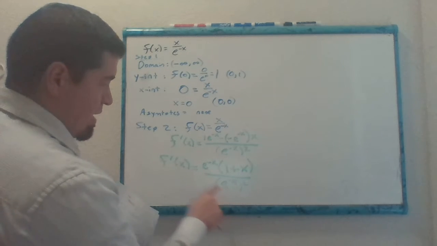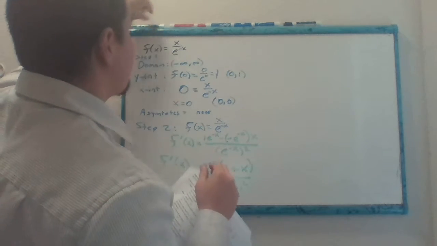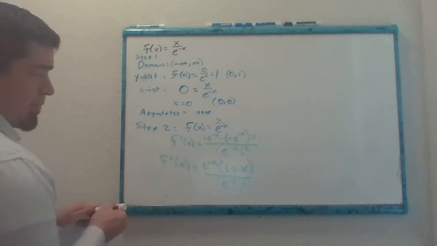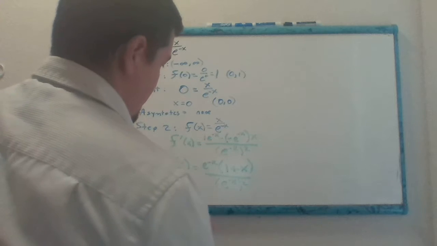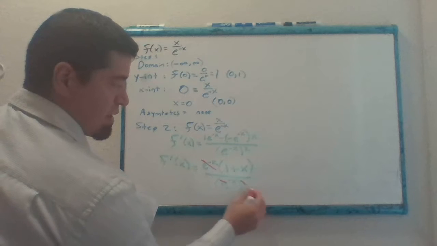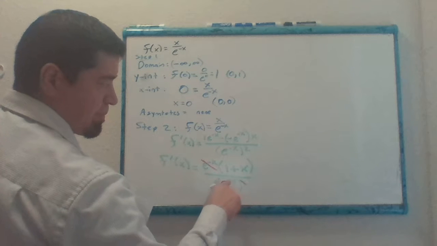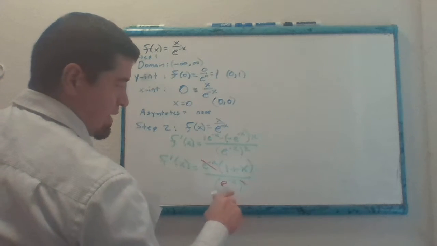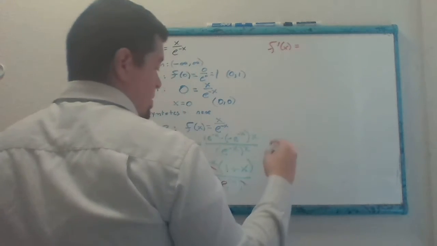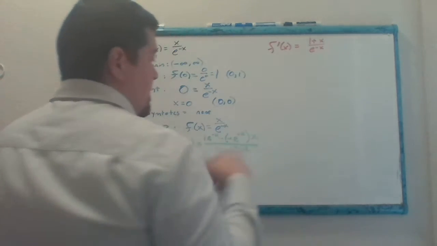So you'll see that one of these will factor, and I'll just write it up here. So these will cancel. One of these. So you still have one e to the negative x in the bottom, actually. So I'm going to be left with 1 plus x over e to the negative x. So that's my f prime.